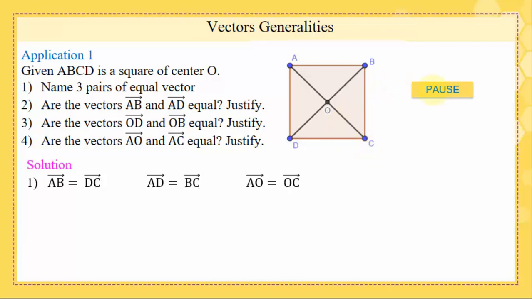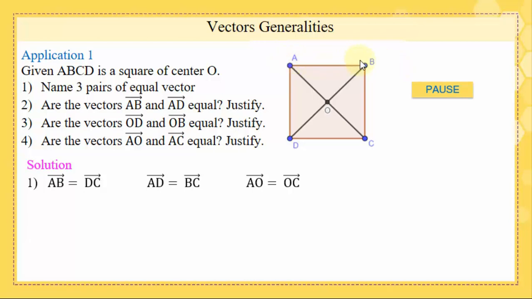You can say also that vector AO is equal to vector OC. Since they are on same line, then they have same direction, same sense, and same magnitude. There are also many equal vectors, just like DO vector is equal to OB vector, and so on. Part 2, they said check if vector AB is equal to vector AD.